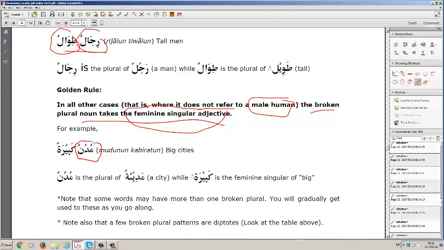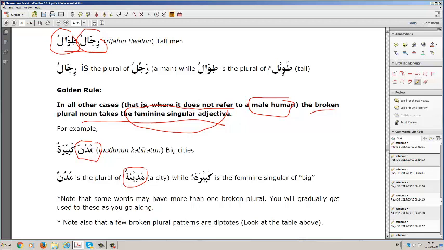So say you have mudunun. Mudunun is the plural of Medina. Medina means a city. Madinatun means a city. And in Saudi Arabia, you have Medina, Al-Madina Munawwara. Okay, that refers to the city of the Prophet. And Al-Madina there means the city.